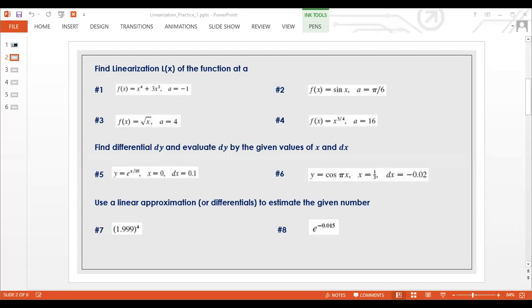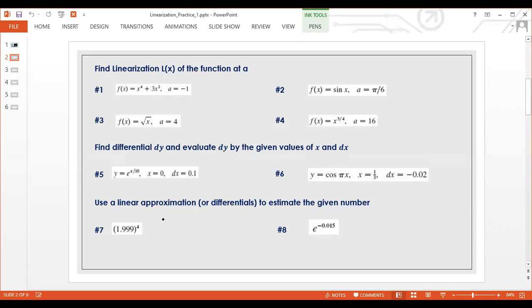For this practice set, we're going to do a few problems on how to find the general linearization functions. Then we're going to take a look at how to find a differential, and how to evaluate the differential for the given x and dx value.